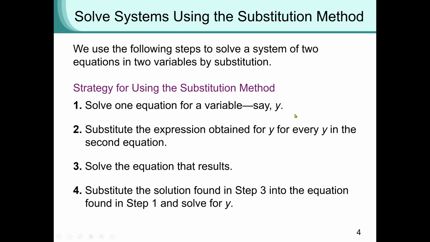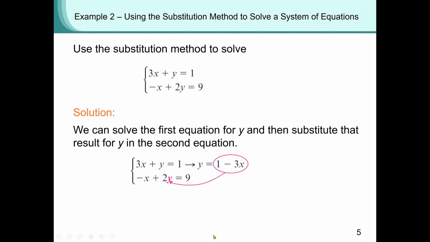The answer will include x. Then in this case, I will have only one unknown variable, which is x. So after we solve for x, I'll come back to the first equation and substitute the value of x to solve for y. I think the best way to go through this is to see an example.